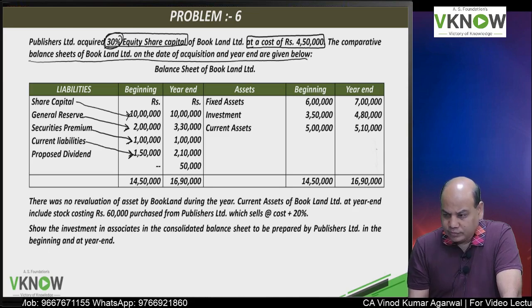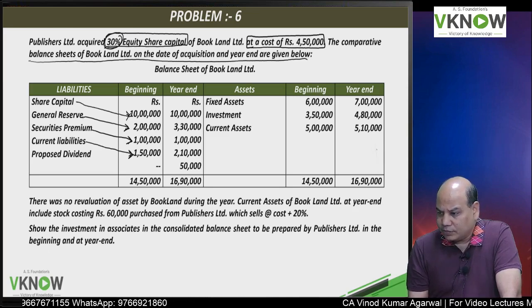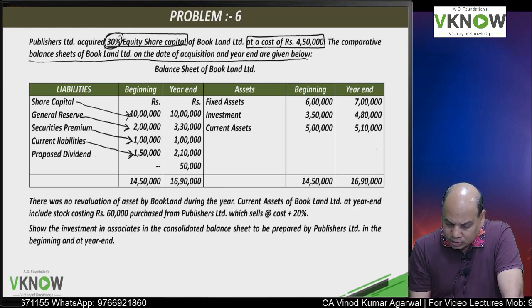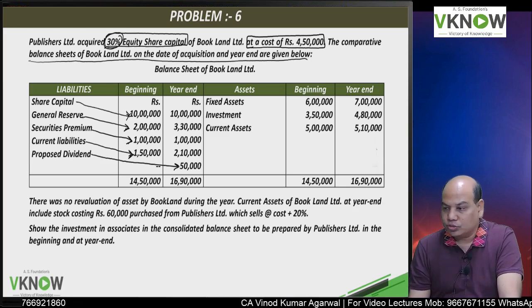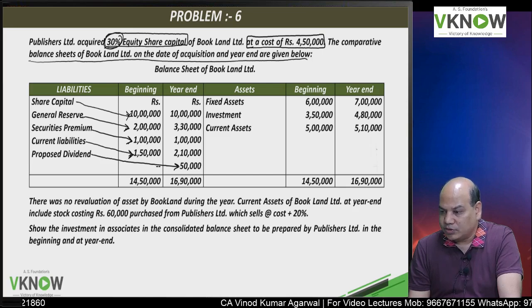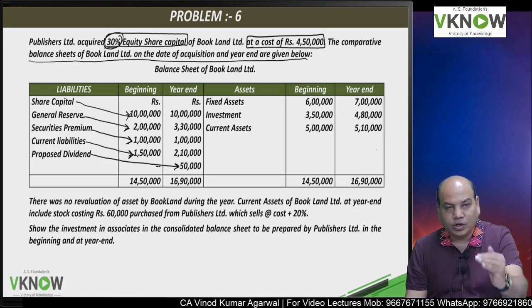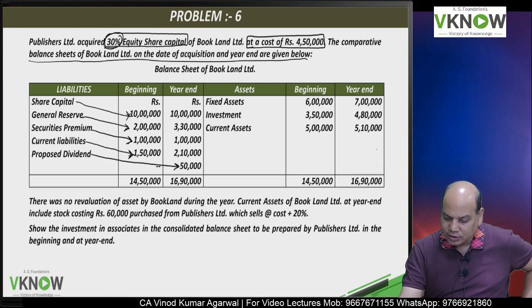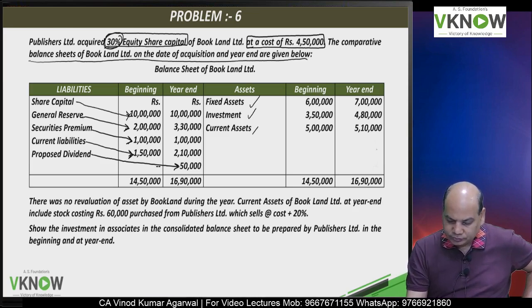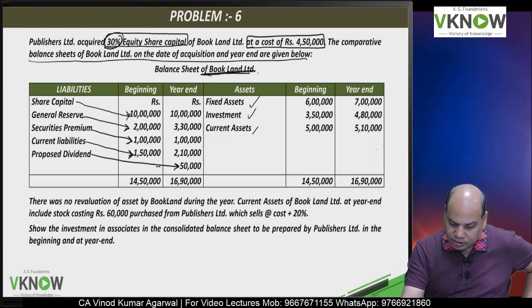Current liabilities is 1,50,000 and proposed dividend at the end of the year is 50,000. So the students are requested to match the figures with the description. There is one line misalignment. Asset side is okay. Fixed asset, investment, current asset. This is the balance sheet of Bookland Limited.